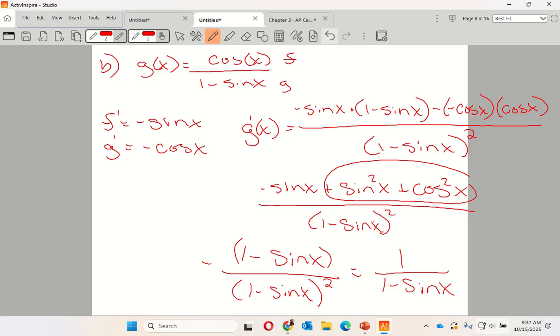And this is all my g prime of x. Now, going from all of this down to this is normally what you see on a multiple choice type test. Because you're not just testing this, you need to do your work to actually get it down to this, to simplify to that point.